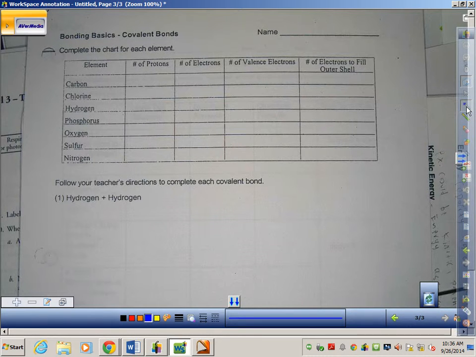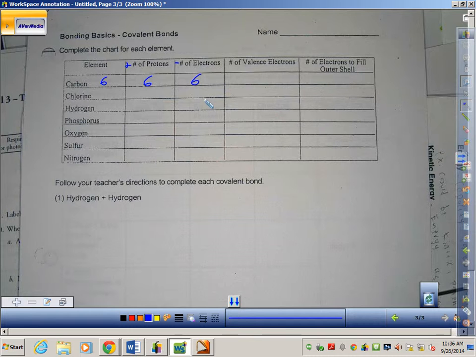What is carbon's atomic number? 6. Okay? So if carbon's atomic number is 6, how many protons does it have? 6. And protons are positive and they're equal to electrons that are negative, right? So it must have 6.